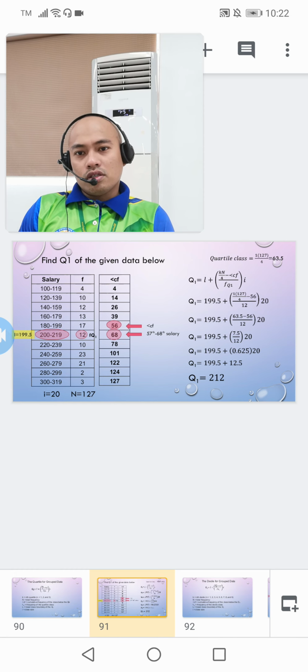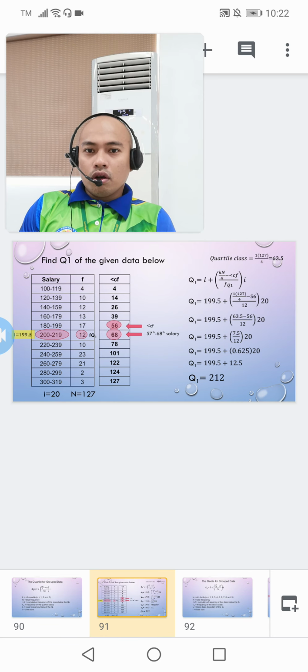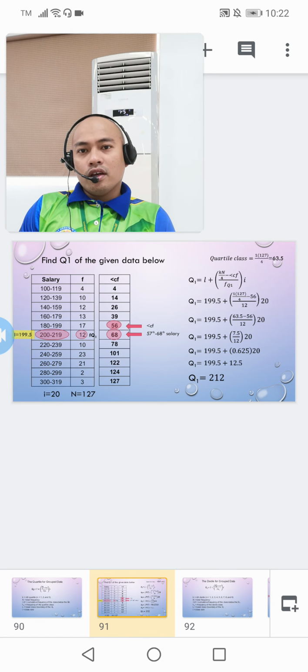As you can see, the salary is divided into several intervals, and those intervals have their corresponding frequencies. What we want in this frequency distribution table is the column for less than CF, since we will be using this column for us to identify the quartile class of our distribution.